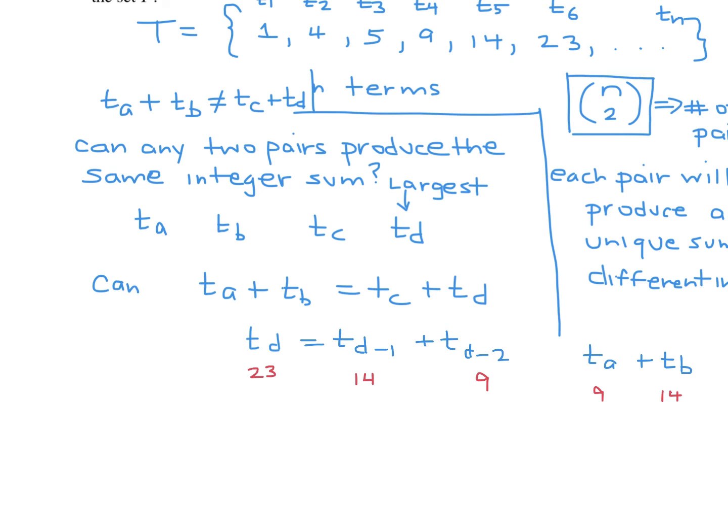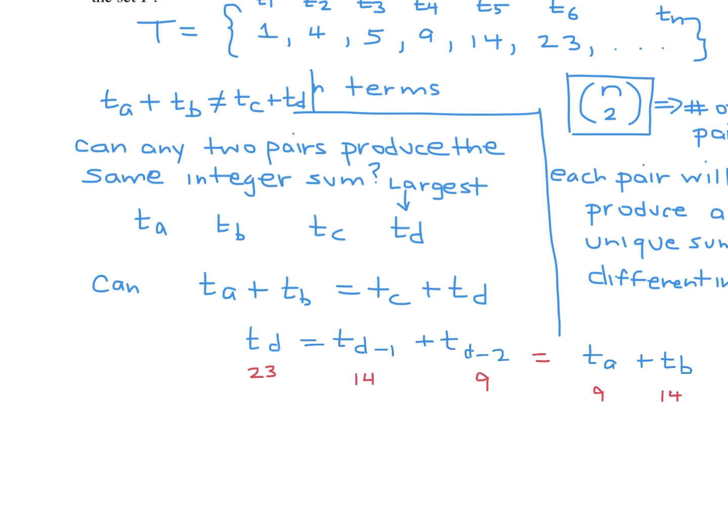So that means that this TD minus 1 plus TD minus 2, which is equal to TD, this whole thing, could be equal to TA plus TB, right? If I chose my numbers as 9 and 14, then if you add those two guys, it could be equal to TD. That is possible. But keep that in mind.